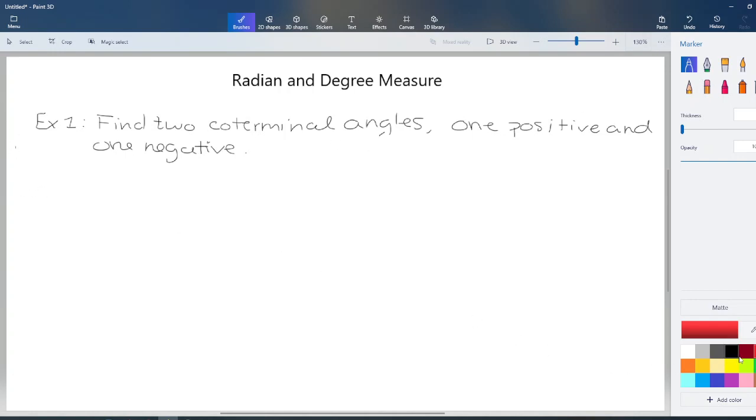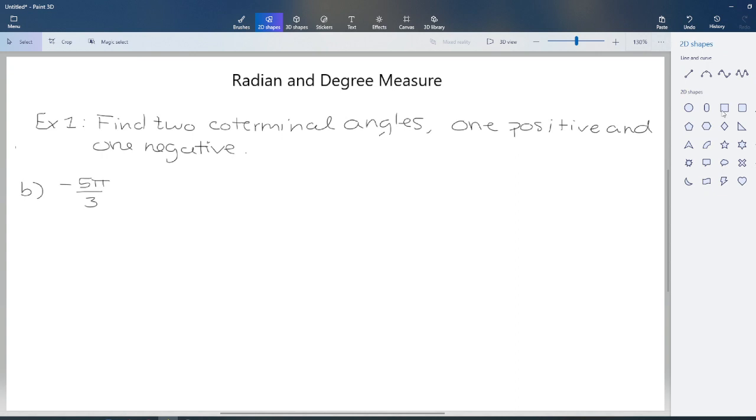So we're going to look at the angle negative 5 pi over 3. Okay, and again, we're going to start by drawing this angle in standard position. So let's look at our angle.